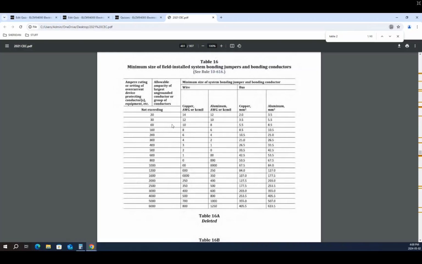And then I had to go with a bonding conductor, the bonding conductor of the largest. Yeah. That's where. I'm not sure what you're referring to, 1.25 or 1.75.